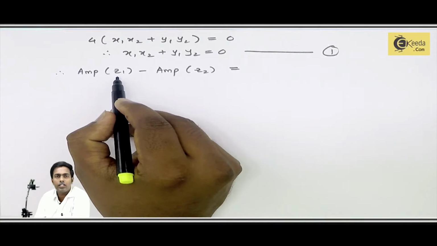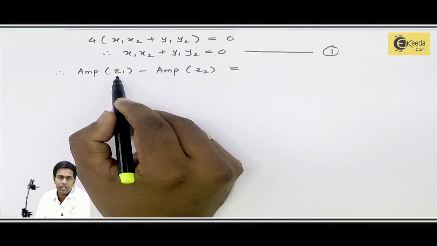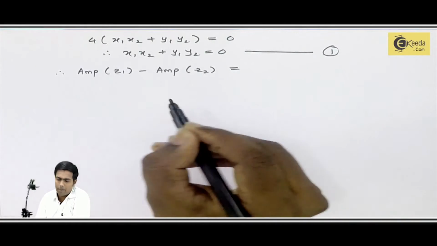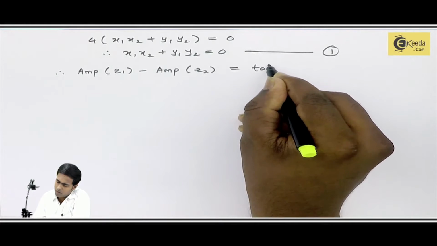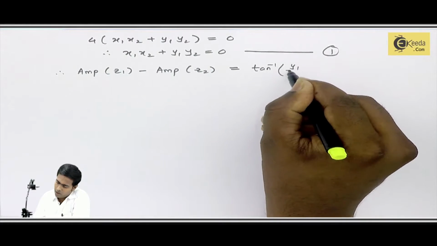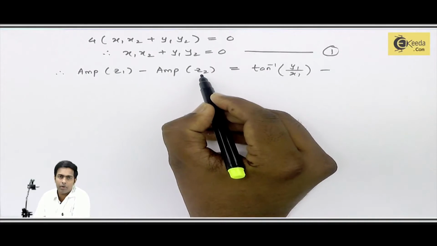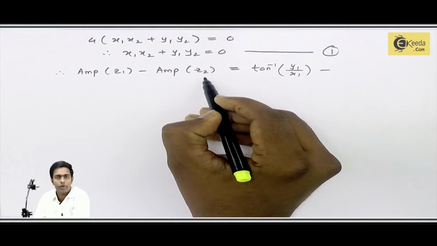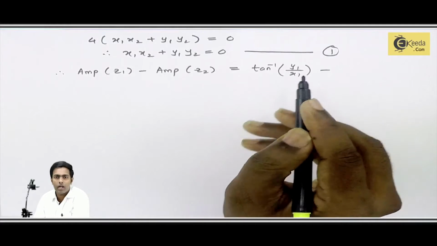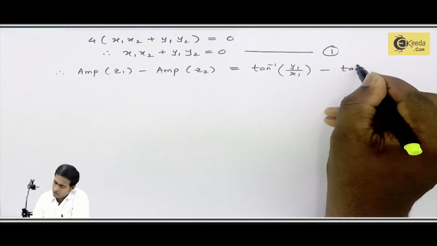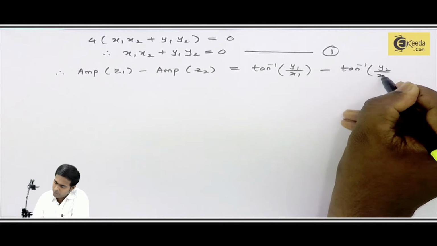Now हमने Z1 को consider किया था x1 plus iy1 और amplitude is nothing but theta. तो इसका amplitude आएगा tan inverse of y1 upon x1. Similarly जो second complex number हमने लिया था Z2 वो था x2 plus iy2, तो उसका amplitude आएगा tan inverse of y2 upon x2.